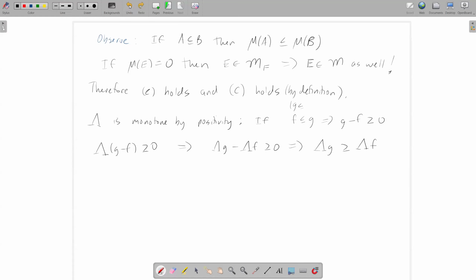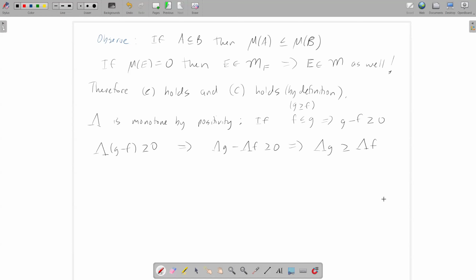I don't think that's something I need to tell you if you're actually watching this, but from teaching math, I know a lot of students get confused about flipping around an inequality, like 1 is less than 3 and 3 is greater than 1, right? That's all I'm doing here. So anyway, we know that lambda is monotone.